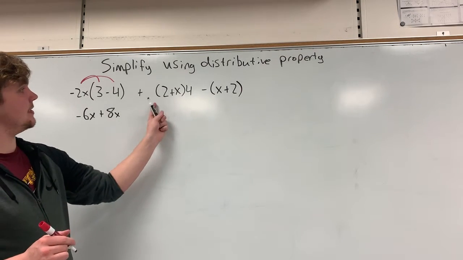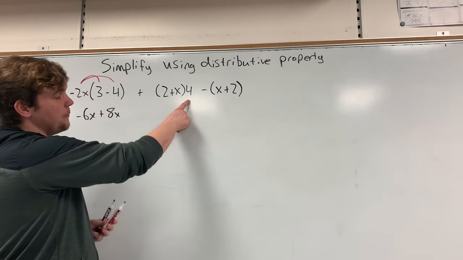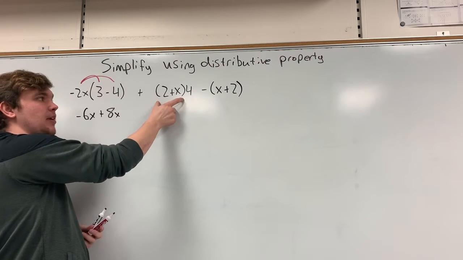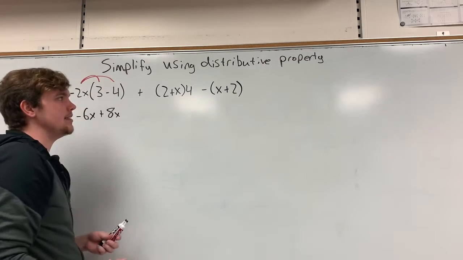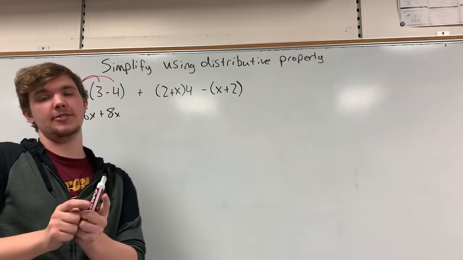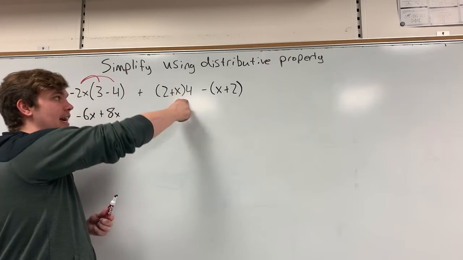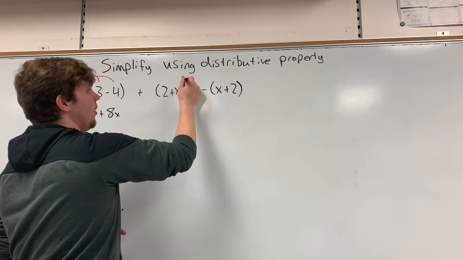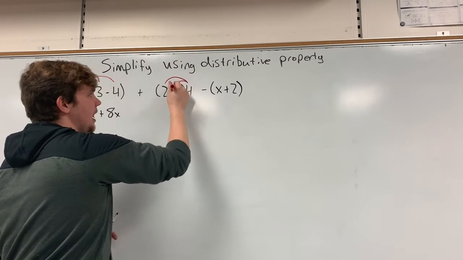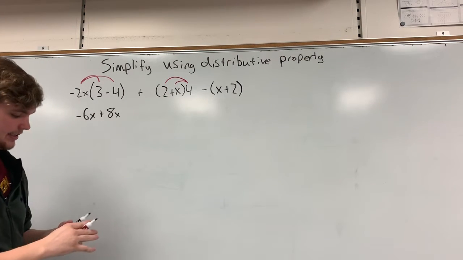Next, I have this set of parentheses here. Since this 4 is right next to this set of parentheses, even though it's kind of weird because it comes after the parentheses, it's still right next to it, so there are still two partners right next to each other. So I'm going to take this 4 and distribute it into these parentheses as well. It's going to go to both the 2 and the x.